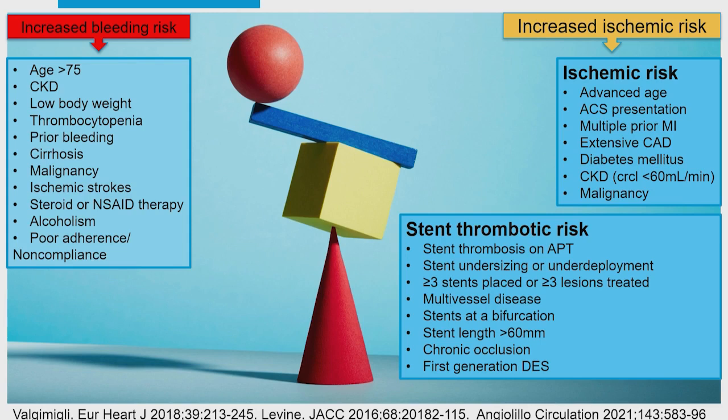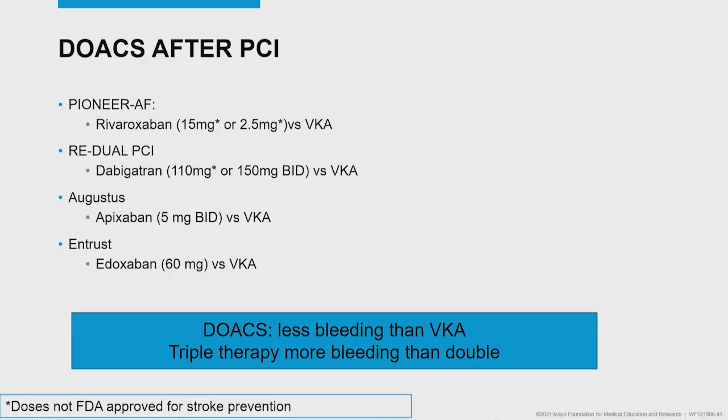And this is just to bring you back, as a reminder, the risk of bleeding and thrombosis and ischemia of the stent to keep into consideration. There's a recommendation, as Dr. Elide showed, of using DOACs after PCI over warfarin.